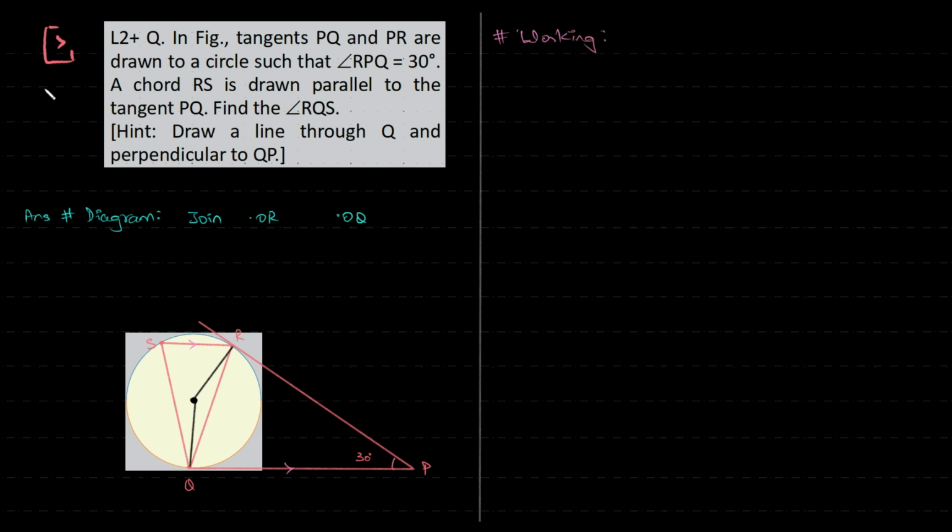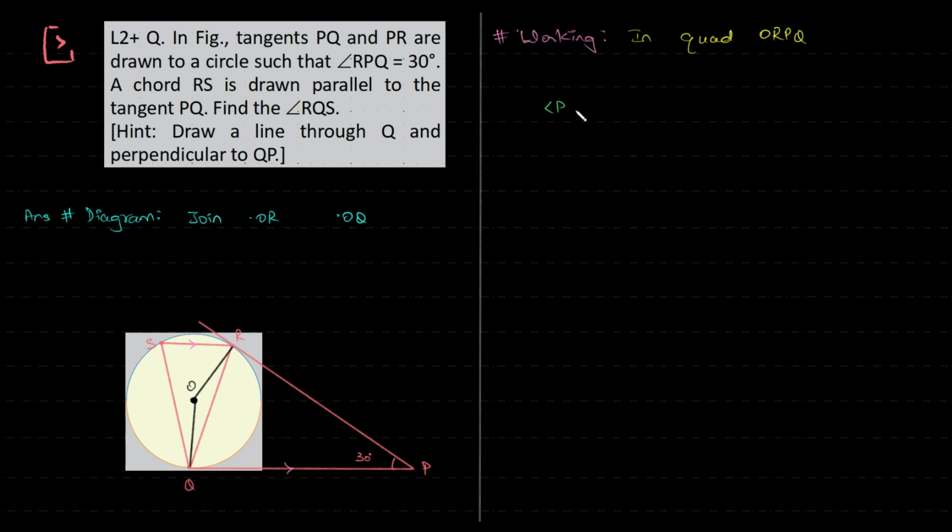First thing first, we'll consider quadrilateral ORPQ. This being O, by the way. So these two lengths are equal. That's not required actually. So what do we have?